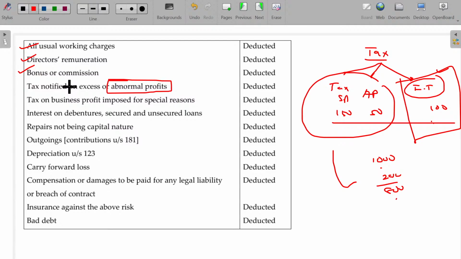You calculated the year's profit and found that your profit is 25%. Government immediately comes: I told you to make only 20% profit, you made 25% profit, excess profit. So it is illegal. On the additional 5% profit you earned, you have to pay another tax. That is called tax on abnormal profit.